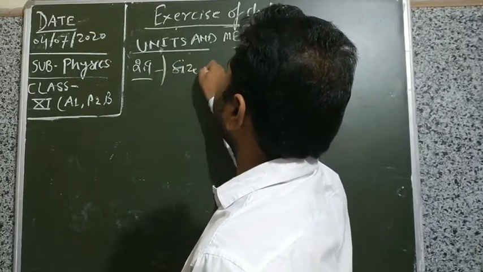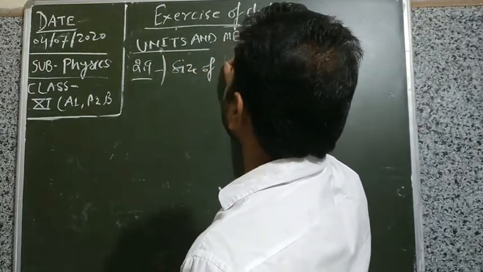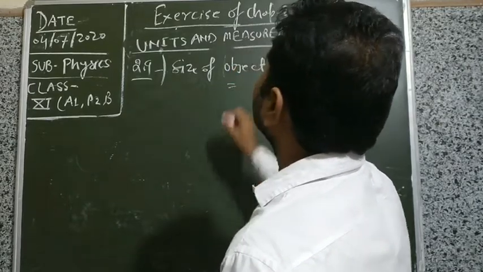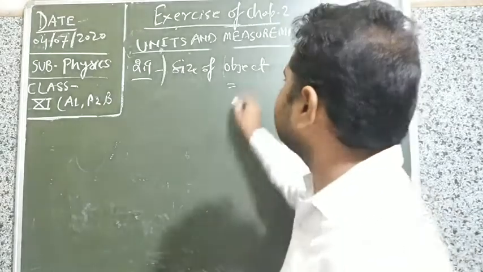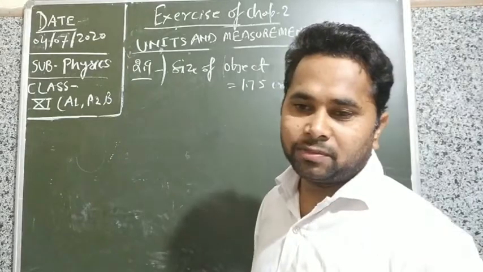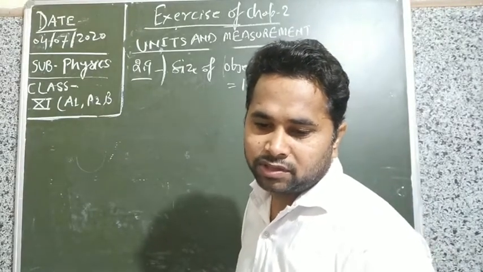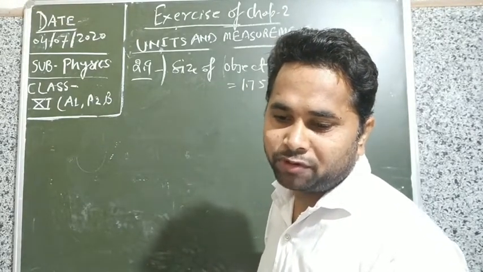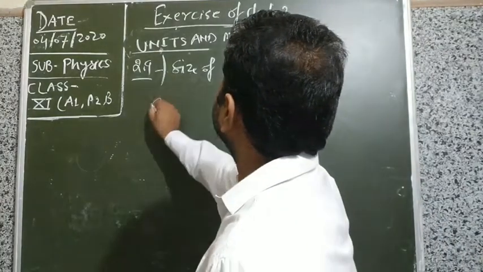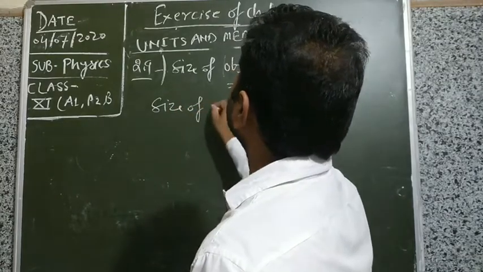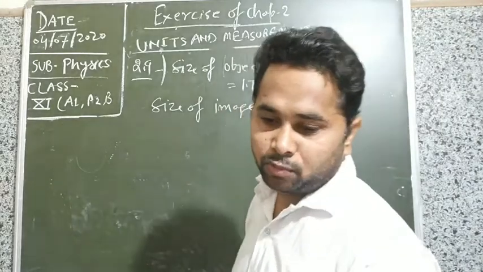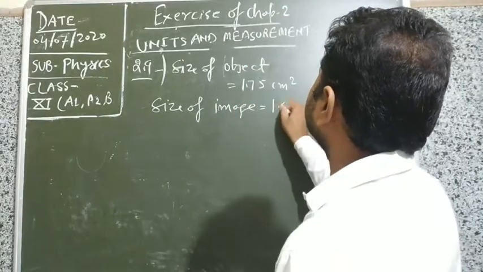So size of object, the photograph means object, is 1.75 centimeter square, and by the projector it appears as 1.55 meter square. So size of image is 1.55 meter square.